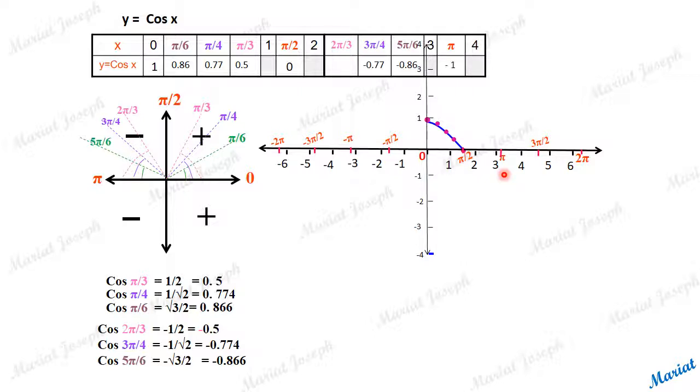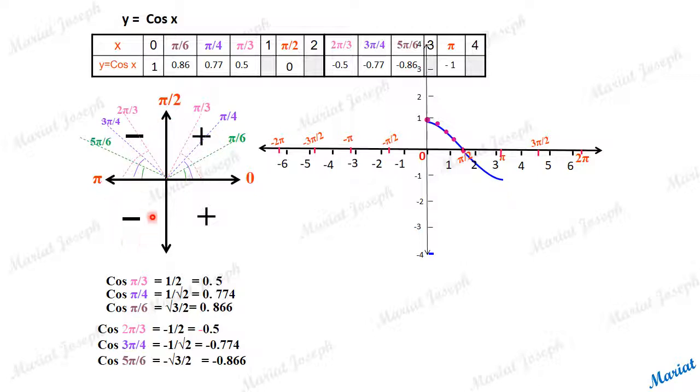These negative values, plot here, and the graph goes down. Second quadrant covered, pi by 2 to pi. These angles, cosine values are negative. It reaches -1.